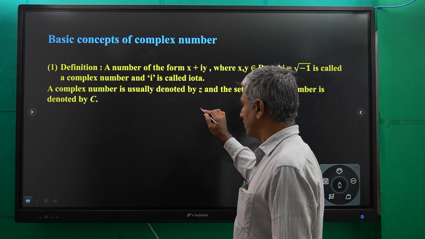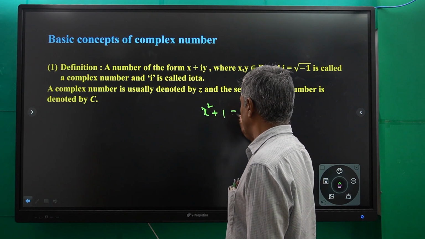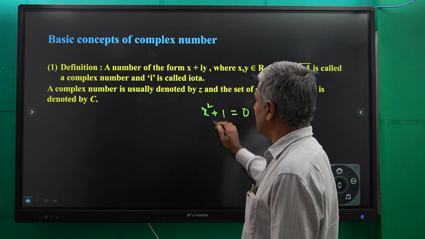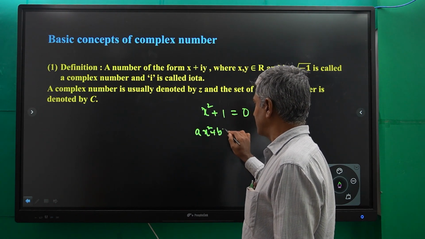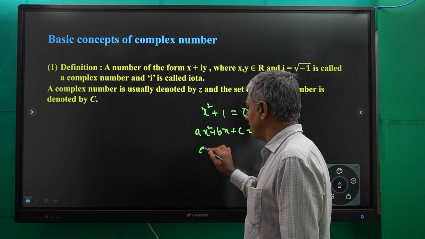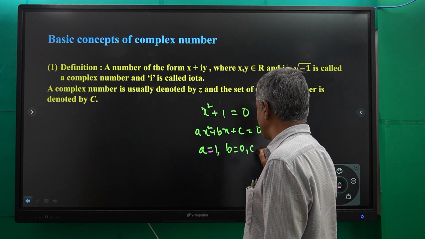For example, take x square plus 1 is equal to 0. Comparing with ax square plus bx plus c is equal to 0, a is equal to 1, b is equal to 0 and c is equal to 1.